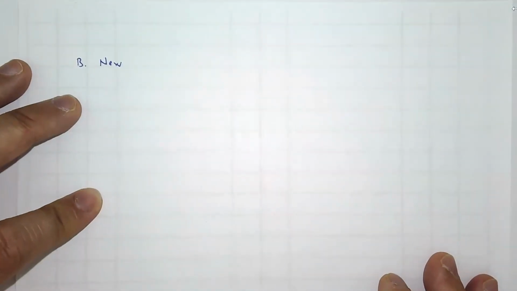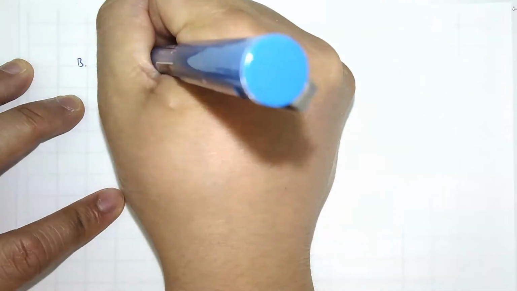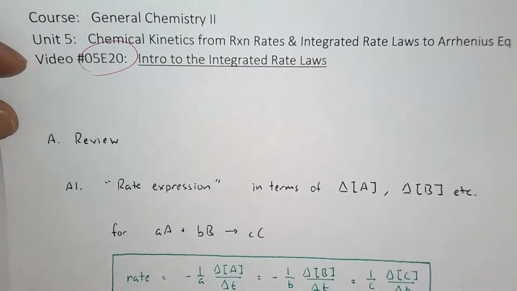We'll label this B. This is the new material. If you're watching my videos in order, B, new. And I think it's actually super helpful to be very precise with the language.